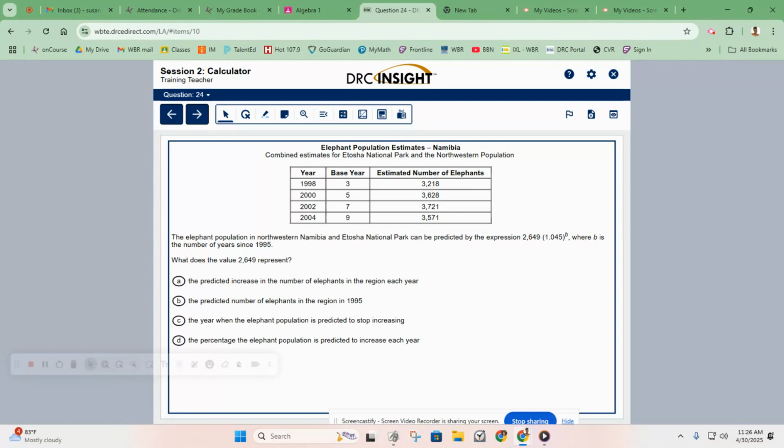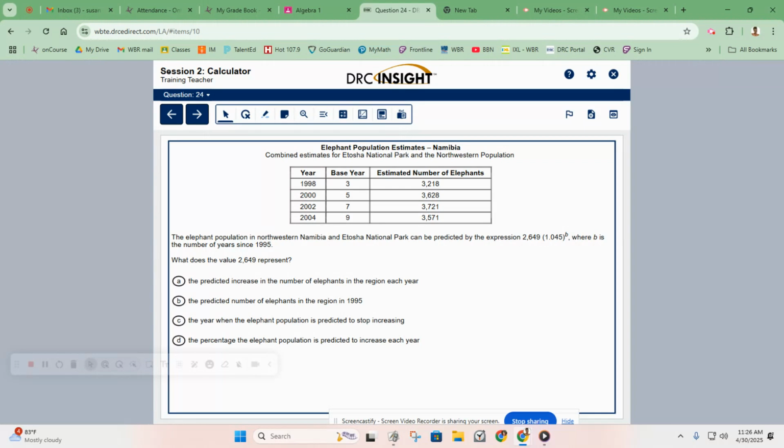It says the elephant population in northwestern Namibia. What does the value 2,649 represent? First of all, do you see where in this equation 2,649 is? The change is inside those parentheses that's being raised to the exponent.